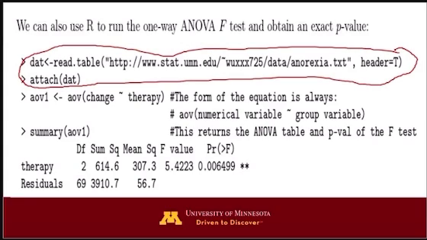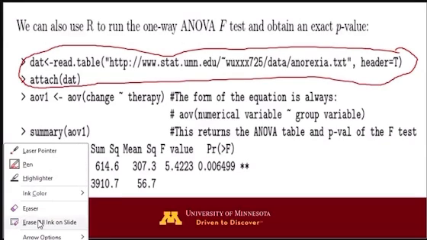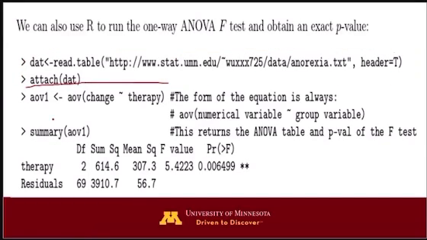R itself will automatically generate the ANOVA table and the p-value. Now, what is the code? Please pay attention when you have your data set in. This is the code. AOV. You know what AOV means? Analysis of variance. You must write that.